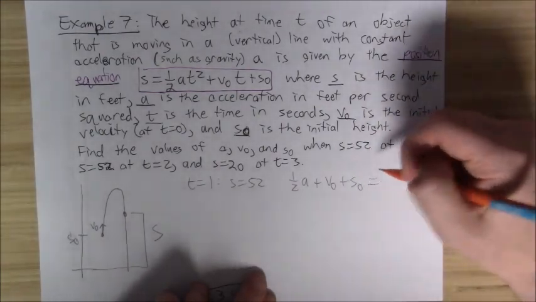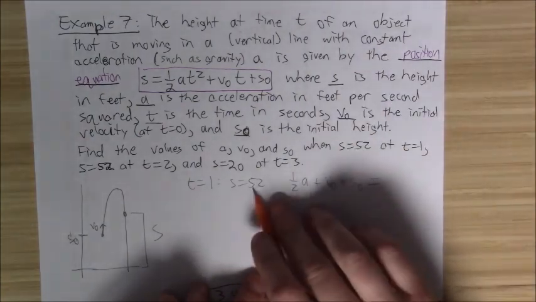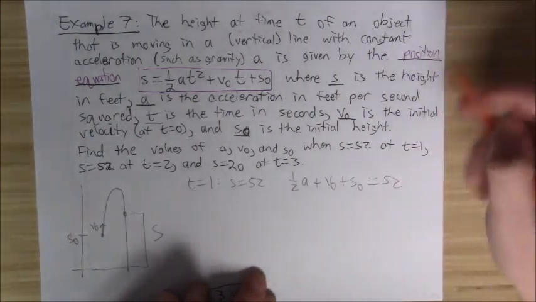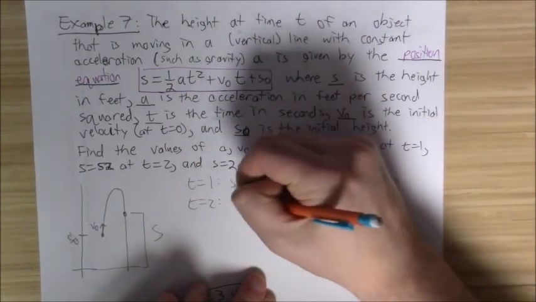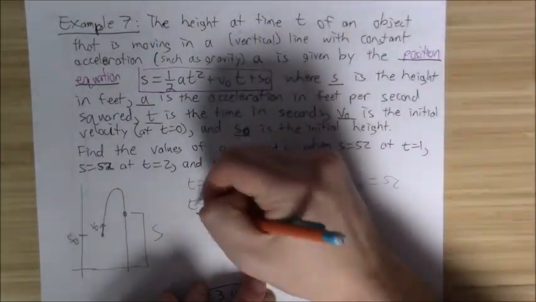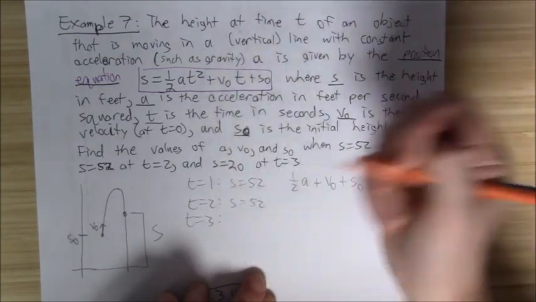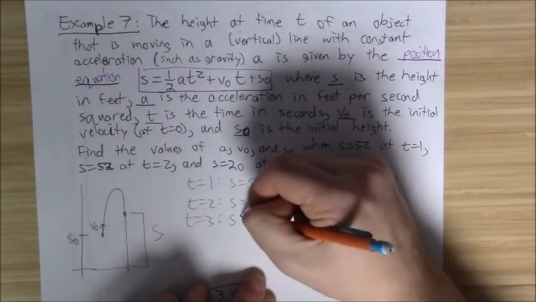So when we plug in 1, we get S equal 52. In a similar way, when we plug in t equal 2, we get 52 again. And when we plug in t equal 3, we get S equals 20.